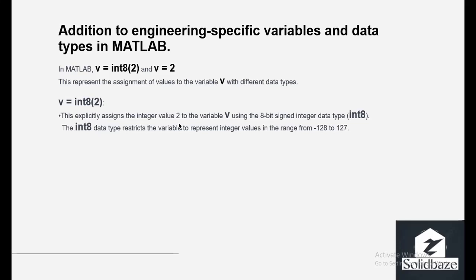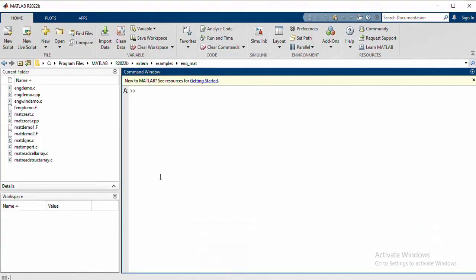We'll look at a quick example in our Matlab environment. Now we are going to declare the variable v with the 8-bit signed integer data type to hold the value 2. When we declare this, it returns the value 2 as we initially assigned.